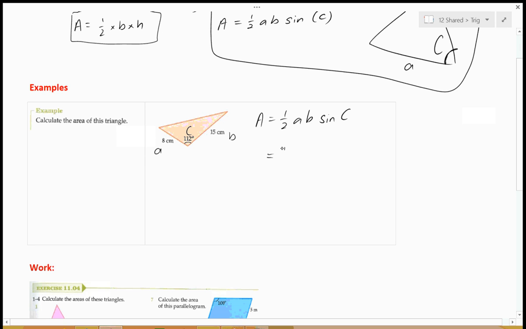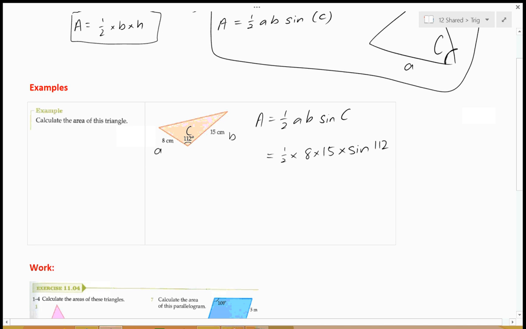So let's write it out. We've got a half times what number? 8 times 15 times sine of what angle? 112. And you don't write times 112, that's what sine's working out. In your calculator, just make sure you're in degrees mode as well, and I'll go over that with you in a minute.